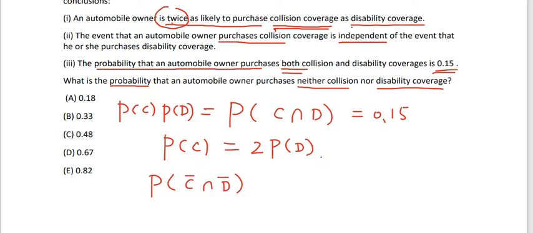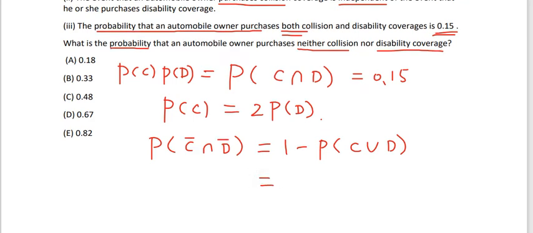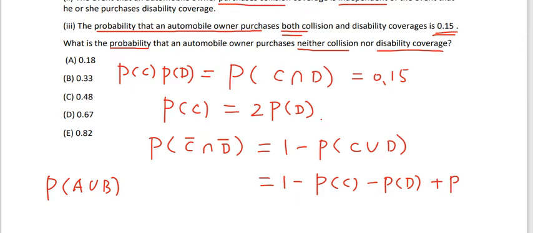This probability equals 1 minus P of C or D. So P of C or D equals PC plus PD minus PC and D, using the formula that P of A or B equals PA plus PB minus P of A and B.